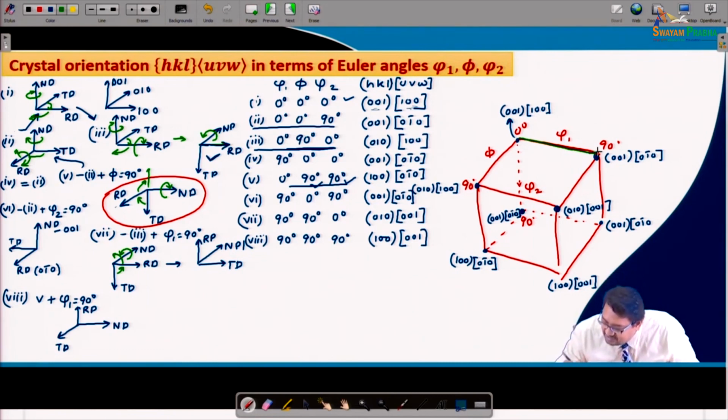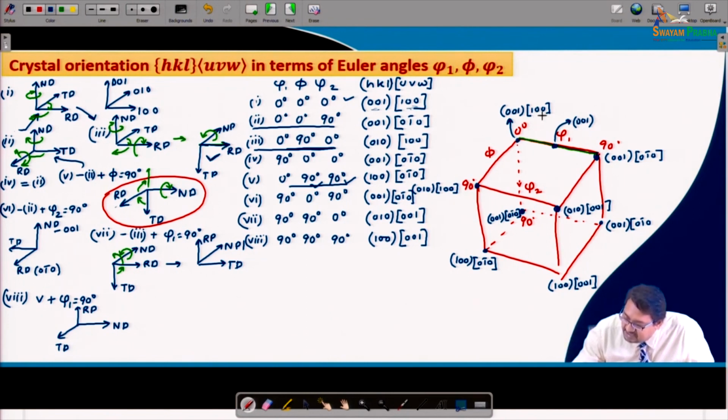And then if we try to find out the position which is at the center here, then you see that this component will have an HKL which is 0 0 1, which is known because the ND is the same. So, the rolling plane is same, but if we see the rolling direction, at here it is 1 0 0 and here it became 0 1 bar 0.